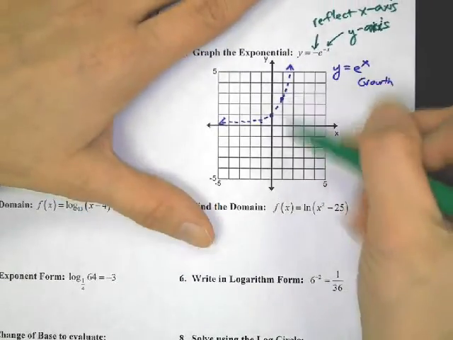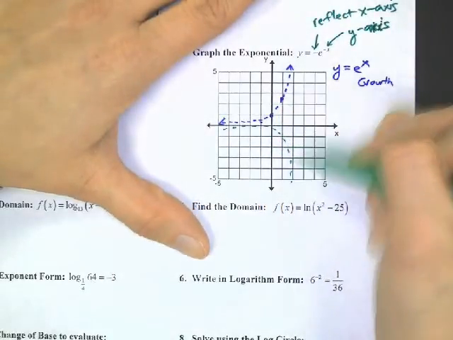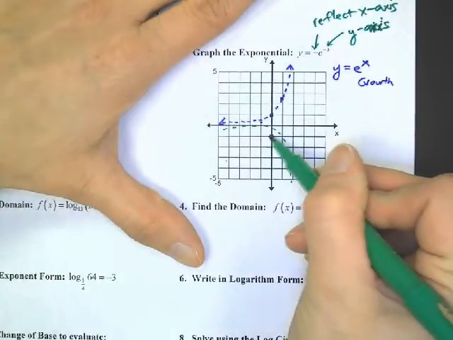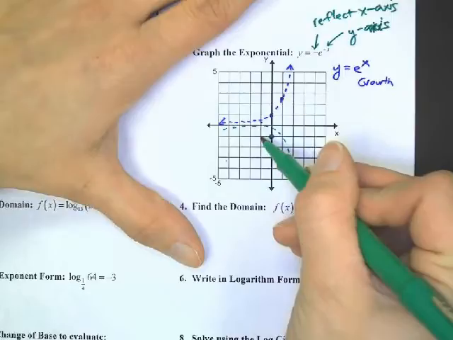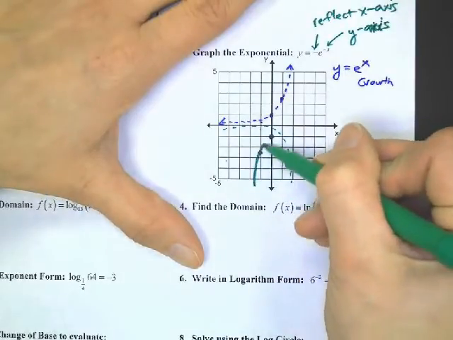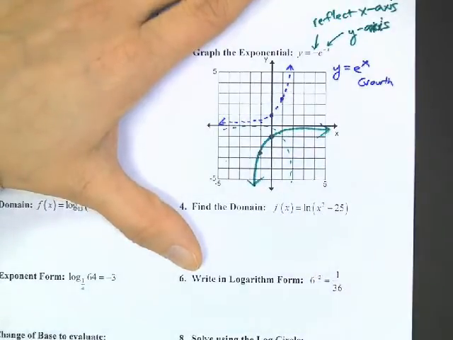If I reflect this down over the x-axis, it's going to go like this. Then if I reflect over y, it's going to go like this. Negative 1, comma e, and it's going to be like this. Asymptotic to the positive x-axis.